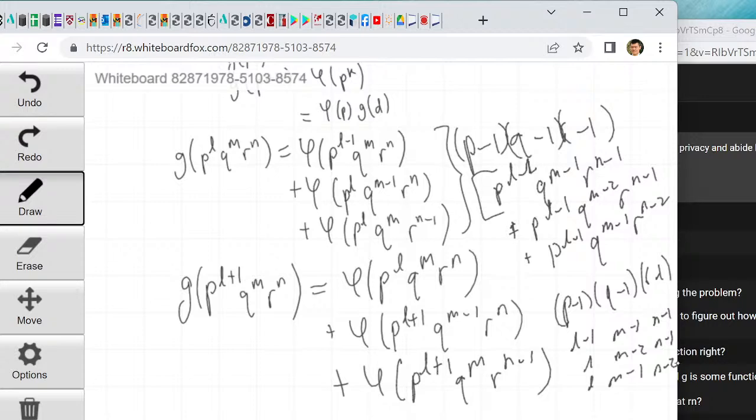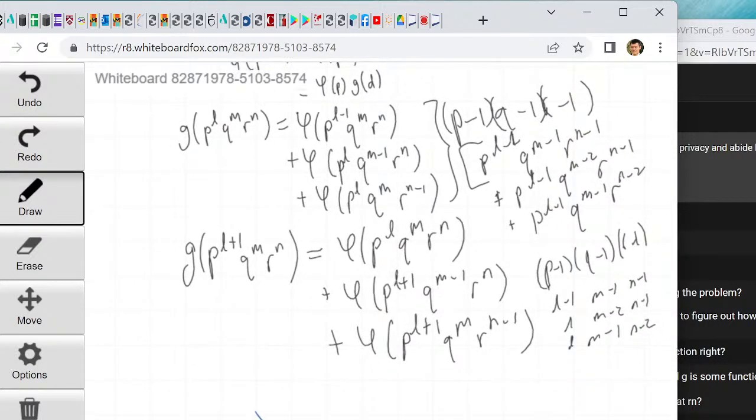So basically this thing is equal to p times g.